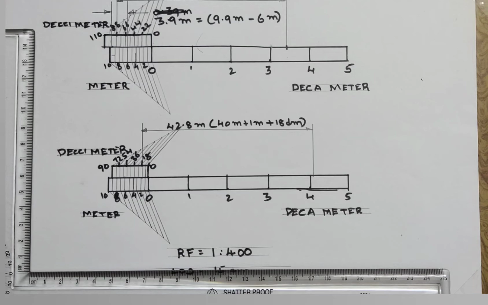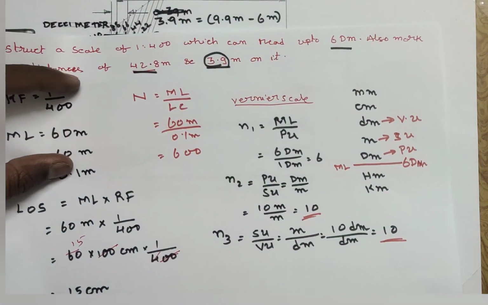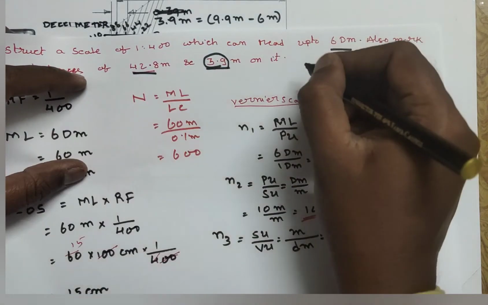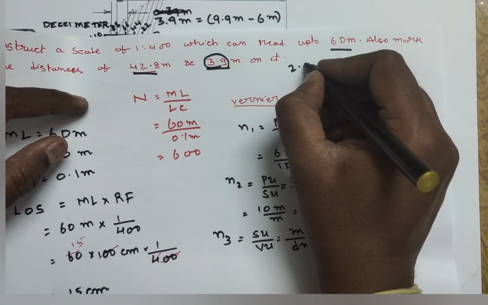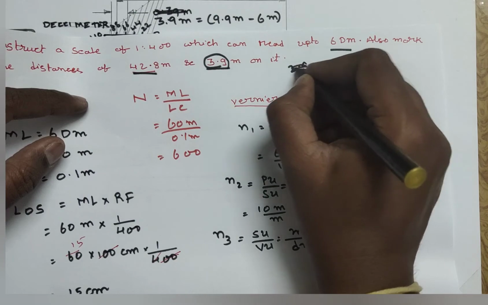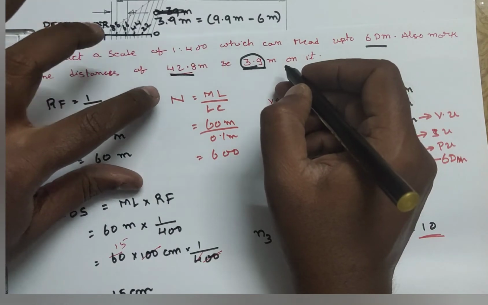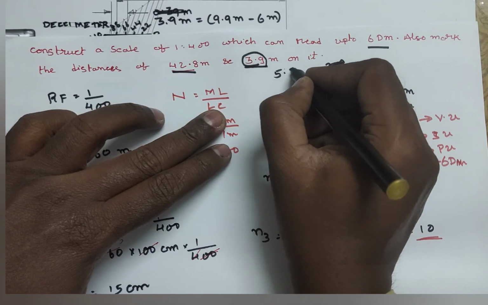So for another calculation, instead of 3.9 meters, we'll take one more dimension. For the forward vernier, we are going to mark a distance of 5.2 meters.